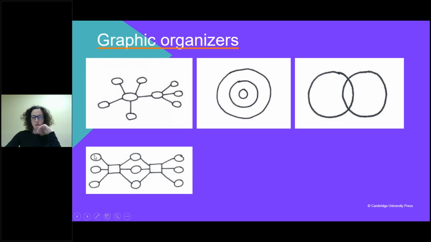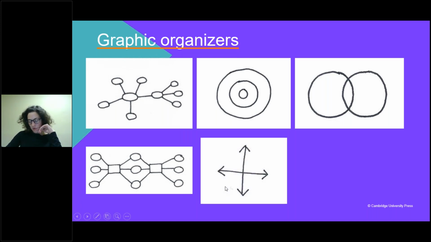You have to find 3 similarities and 3 differences between two options. Crossed continuums. Well, this is more for teenagers, for example, to find what's cheaper, what's more expensive, what's more important, what's less important, and so on.